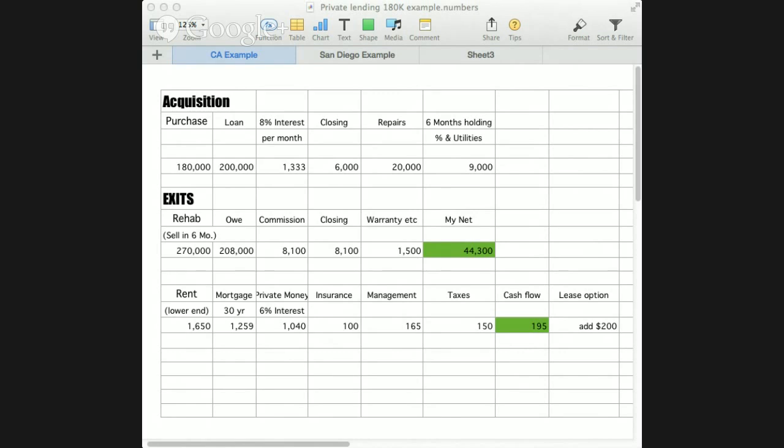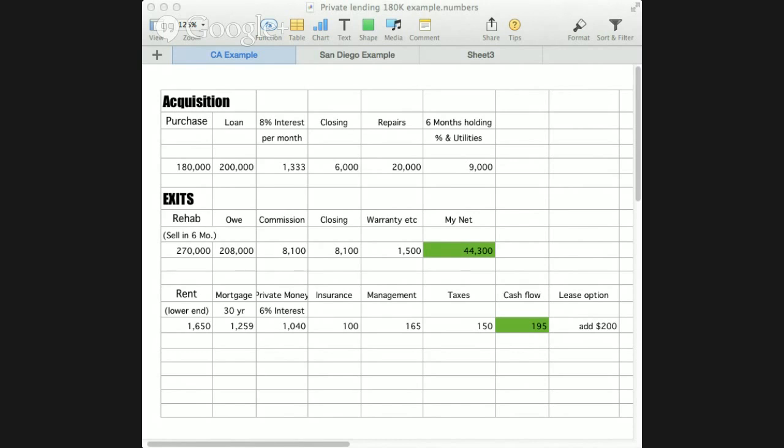So in this particular example, the house was purchased for $180,000, and I'm giving you a price that works in some parts of California, obviously in the less expensive parts of California, not. And I'll give you the San Diego example in a minute where it's a little bit higher. And certainly some places right now are too high to even do this.